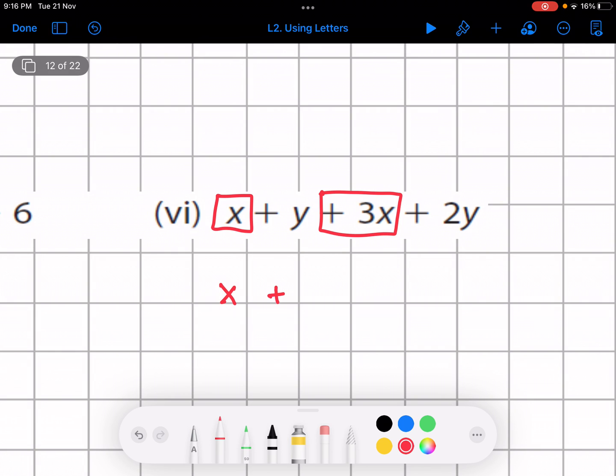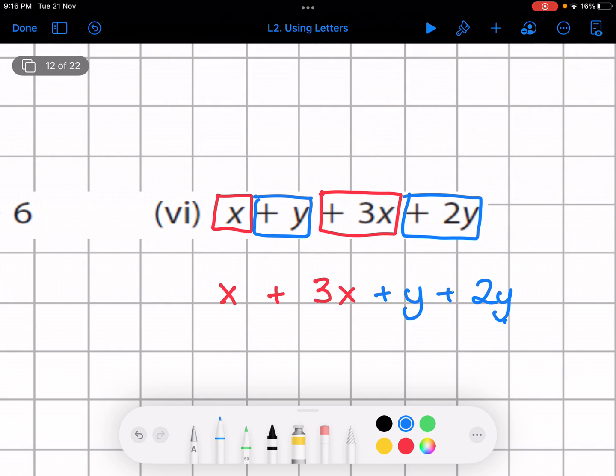X plus 3x. And then we have plus y plus 2y. Let's add the x's together. We have 3x plus x, which will give us 4x, plus y plus 2y, so that's 1y plus another 2y, so that'll be plus 3y.